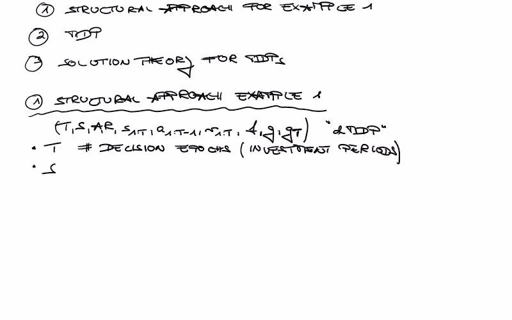S was the state space, which were just the real numbers, so all numbers that you know, no vectors or anything, just numbers. The action space was the investment that could be done, was also just the real numbers.